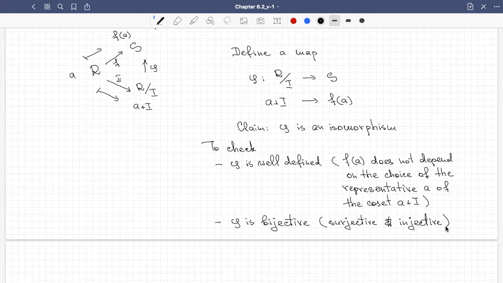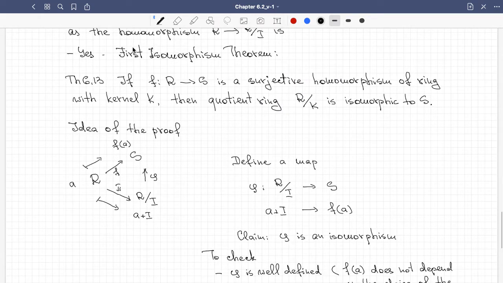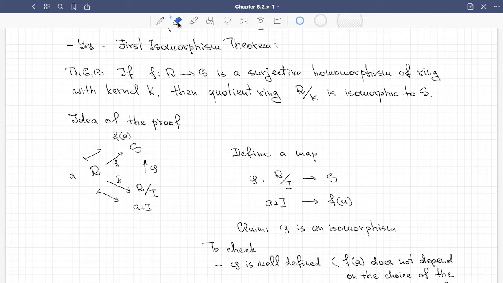Which is also not difficult at all. You check that two distinct cosets do not map to the same element of S. Otherwise, the difference between the representatives is going to be in the kernel of F. That is what you check, and the kernel is exactly K. So, sorry guys, I wrote I instead of K elsewhere.